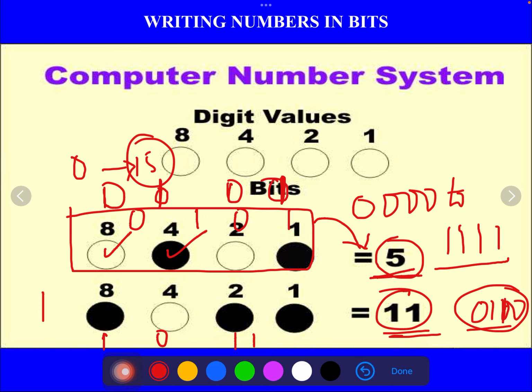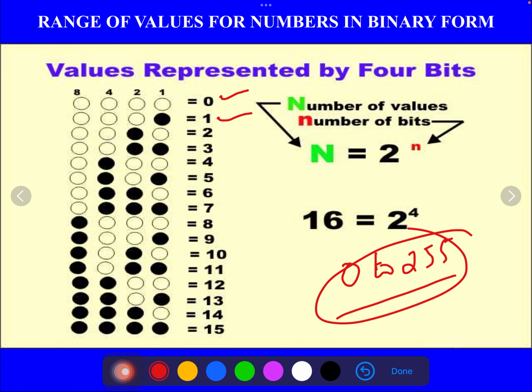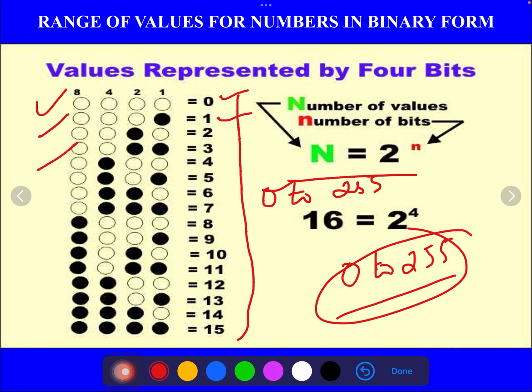So in the binary number system, you can write any values from 0 to 255 like this.